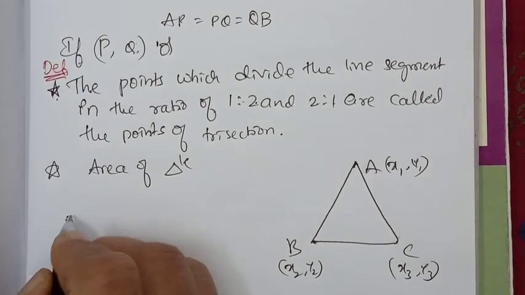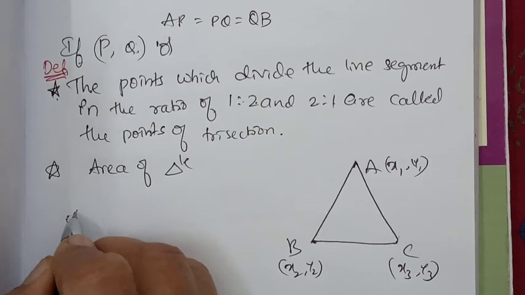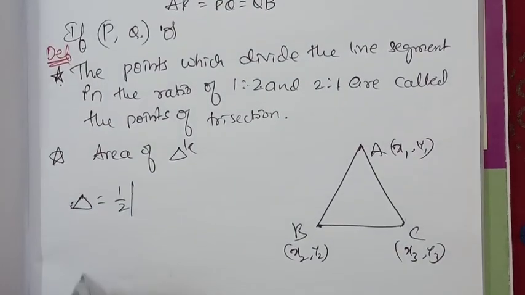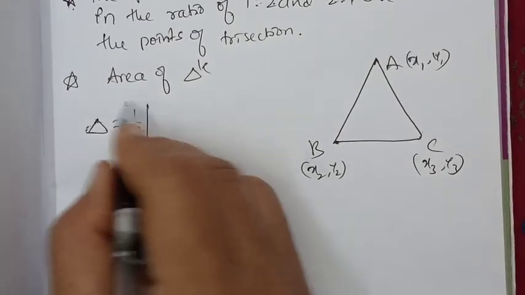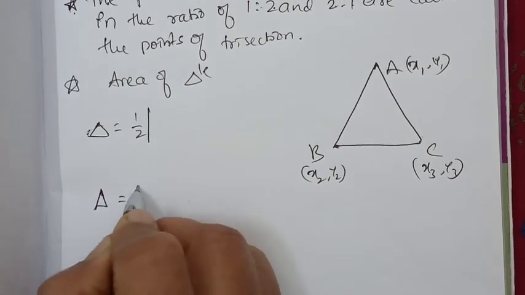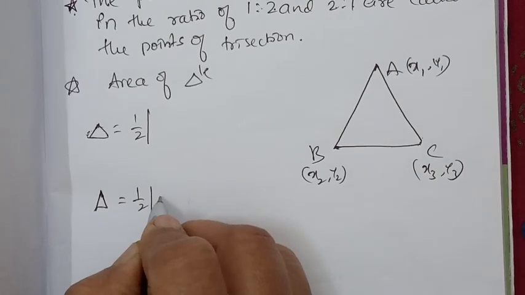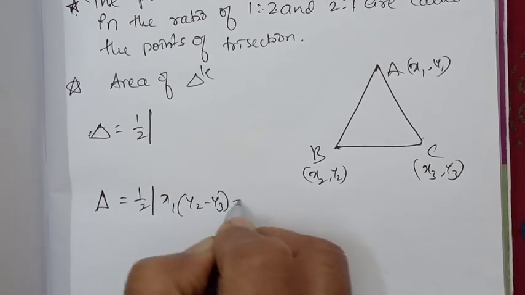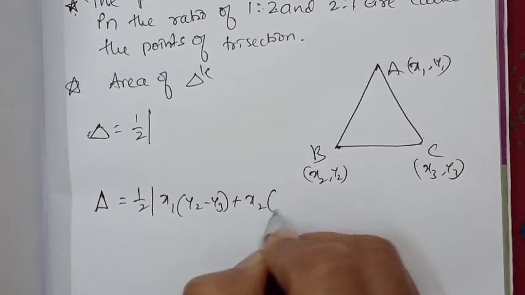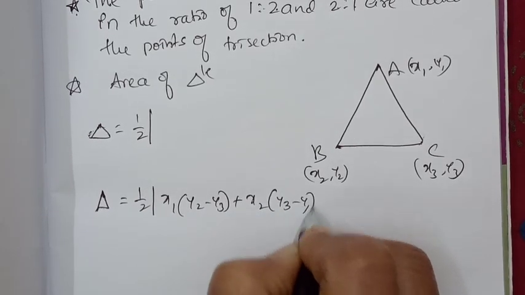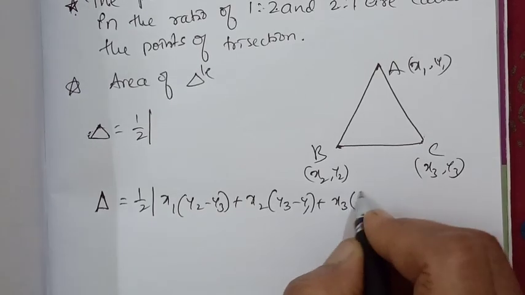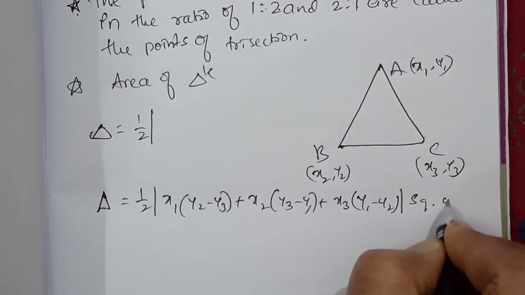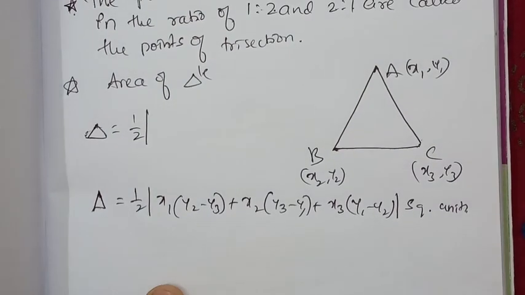Area of triangle is equal to 1/2 [x1(y2 minus y3) plus x2(y3 minus y1) plus x3(y1 minus y2)]. This is in square units. Don't forget to write it always.